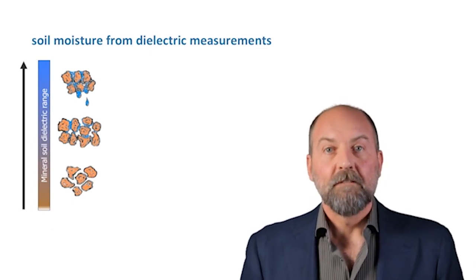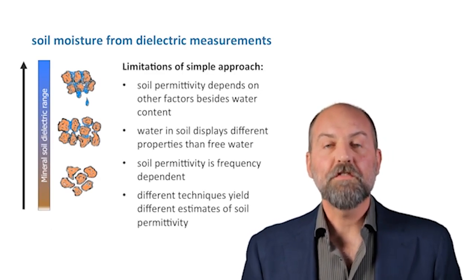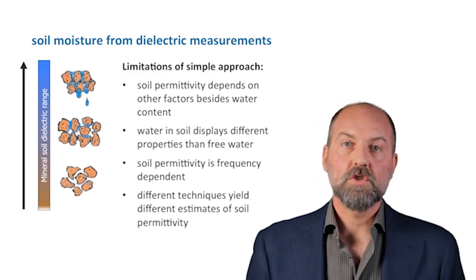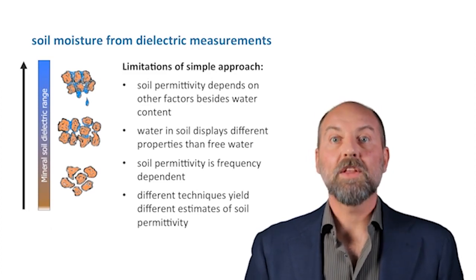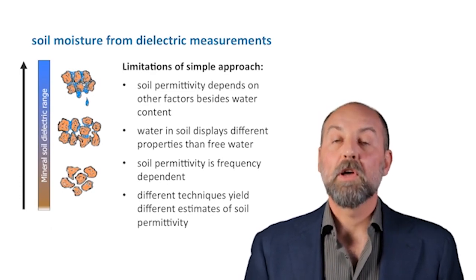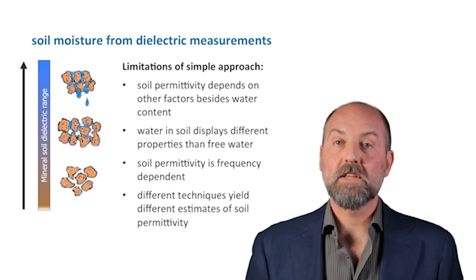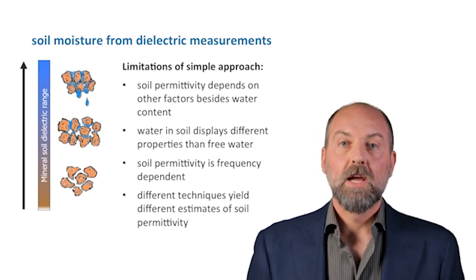In particular, one of the greatest problems is that water is not the only factor that affects soil dielectric permittivity. We will see other factors such as temperature or salinity may also have an effect, and those represent the most common cause for errors in our measurements.